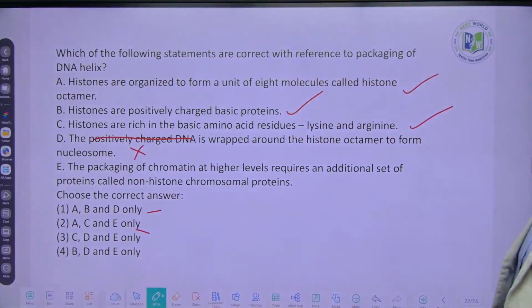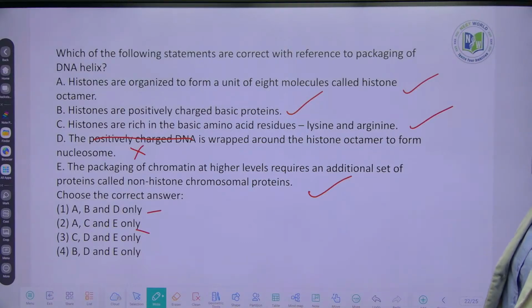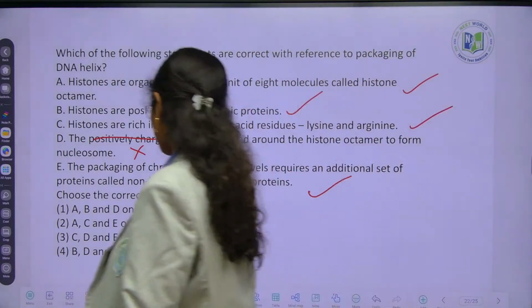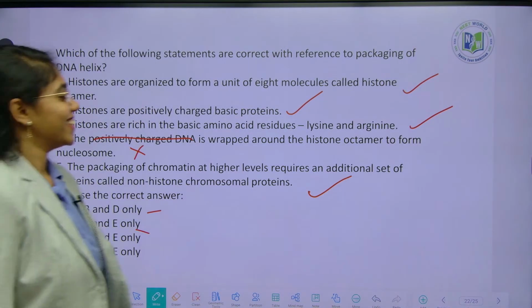DNA is negatively charged. Packaging of chromatin at higher level requires an additional set of proteins known as non-histone chromosomal proteins. Correct actually. So A, B, C and E. If the option is not there, take what is available. A, C, E. Right. Next.